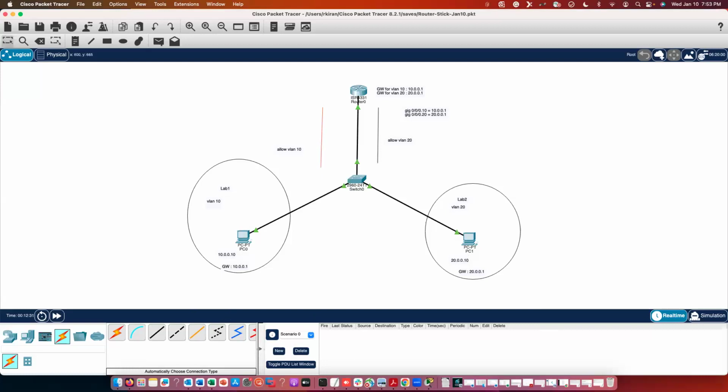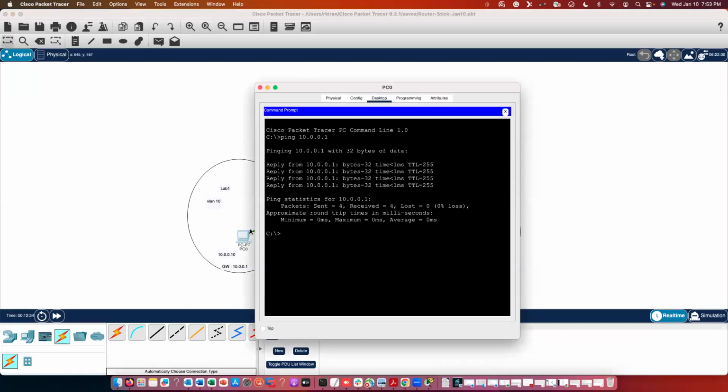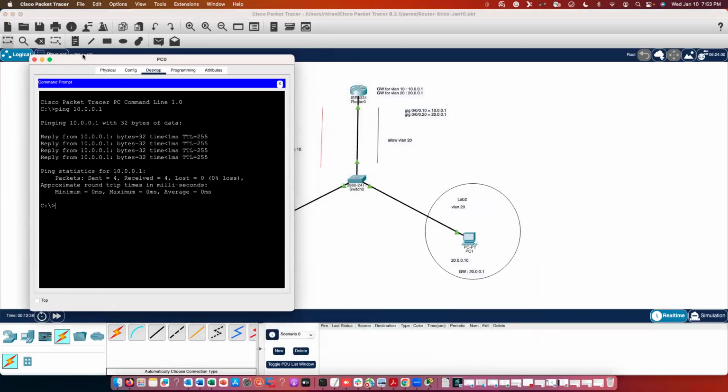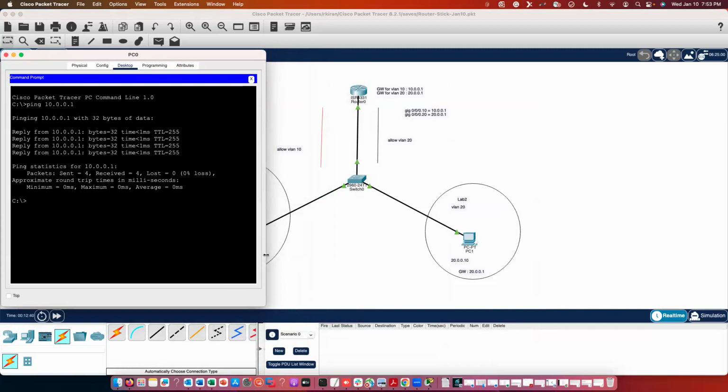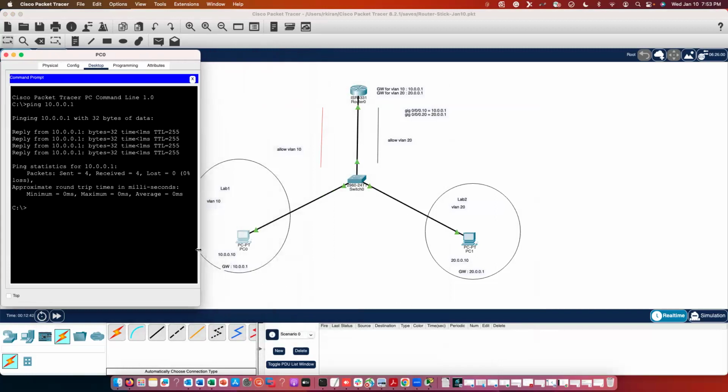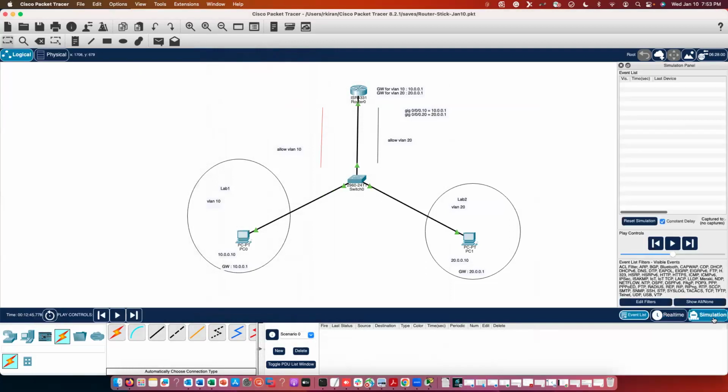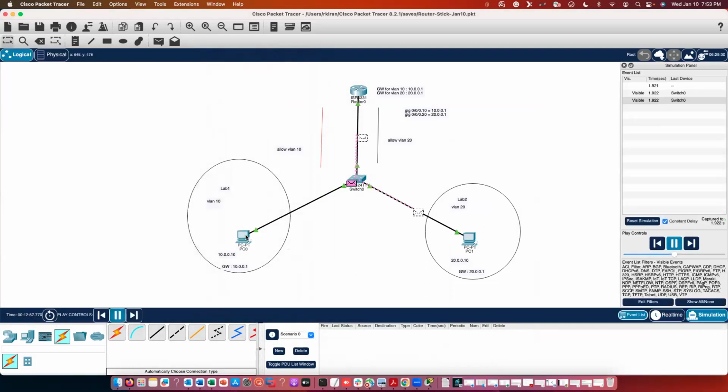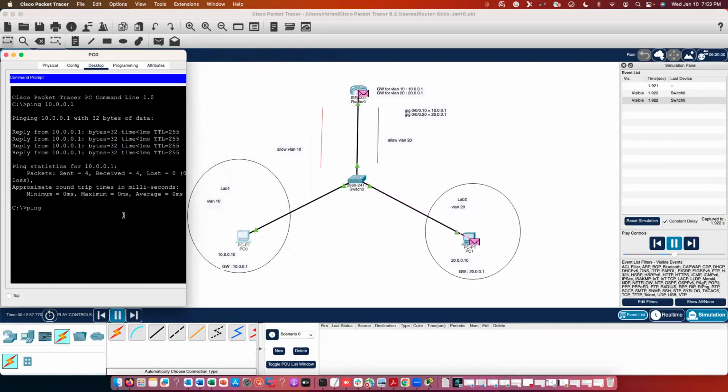Now let's see if the PC is able to ping PC1 or not. Okay. So let's do the simulation to validate how the packet is going. Simulation start. Go here and then ping 20.0.0.10.